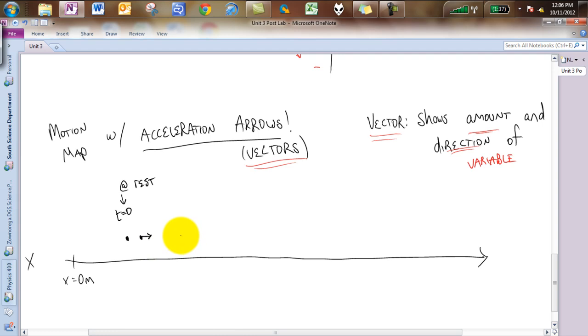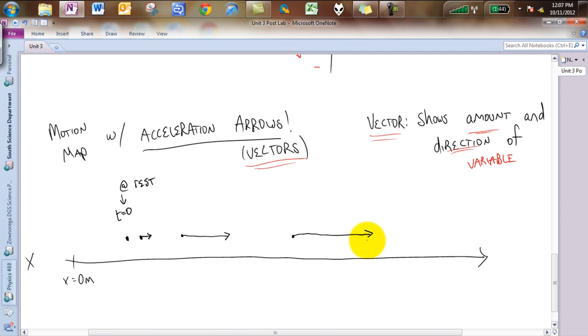I'm going to be at a further position away because I'm speeding up. And then my velocity vector is also going to get larger. And as I continue on, I'm going to be even further away. And sure enough, my velocity has increased, so I'm getting a larger and larger velocity.